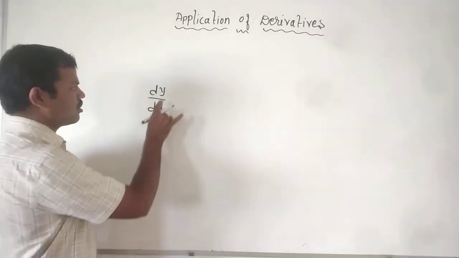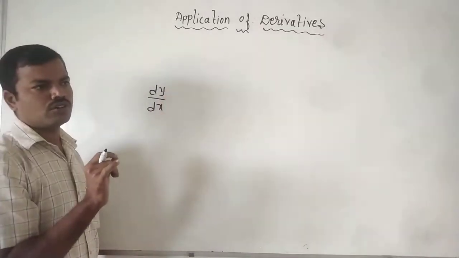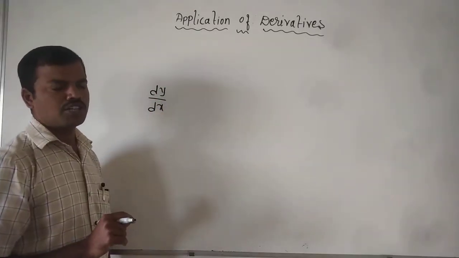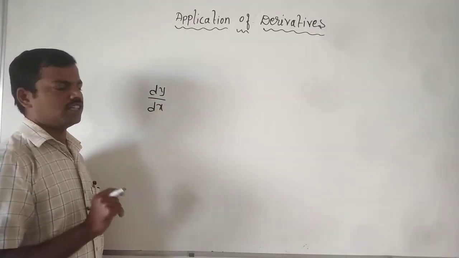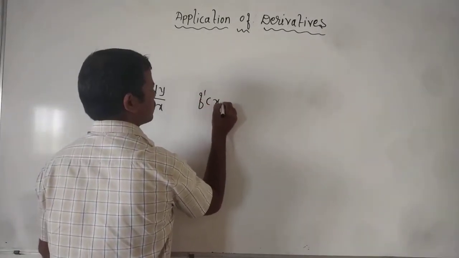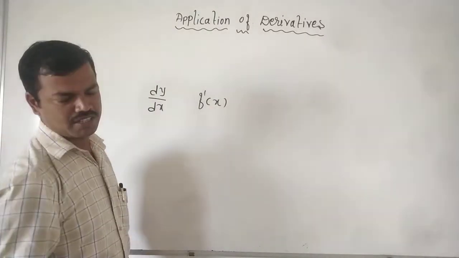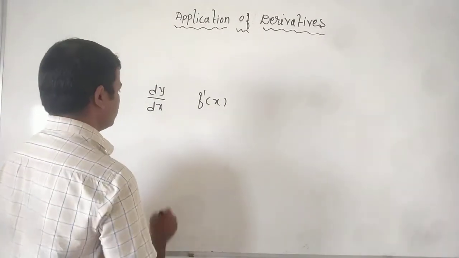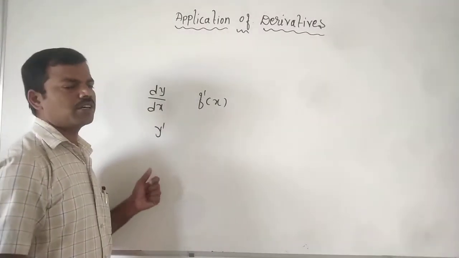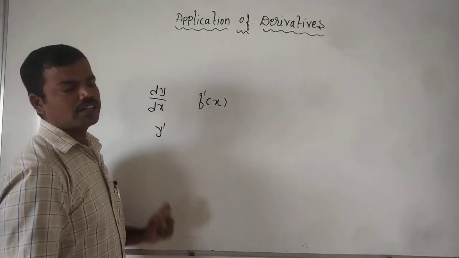There are different notations we use for this. f dash of x also means the function f is changing with respect to x, and we also call it y dash. It is nothing but dy by dx. These are the notations we use for the derivative.